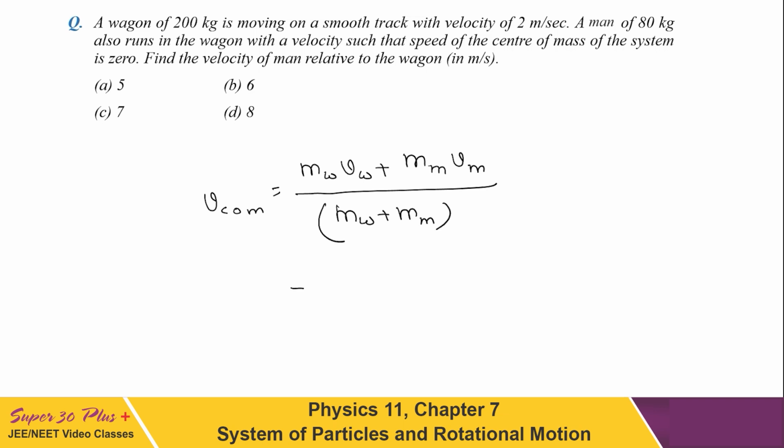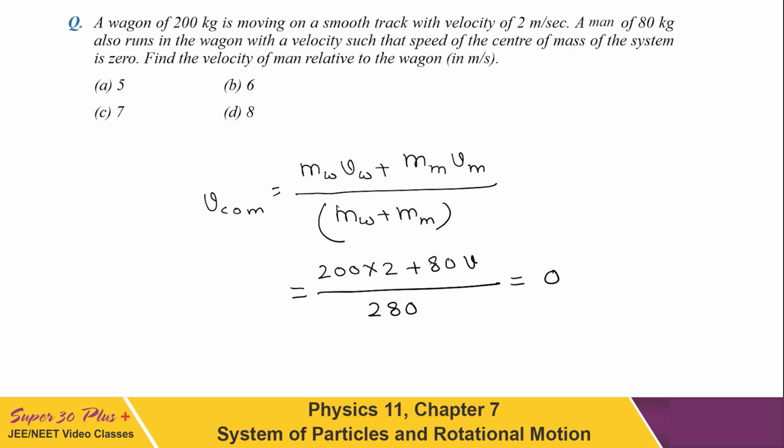On substituting all numerical values, it will be 200 into 2 plus 80v. Here we have assumed velocity of man to be v. So this divided by, now mass of both has to be written, it is 280. And this has to be equal to 0 because there is no external force on the system.